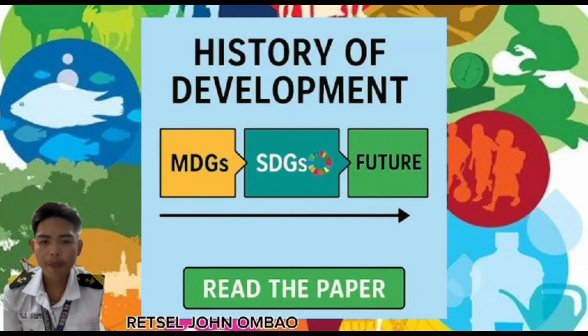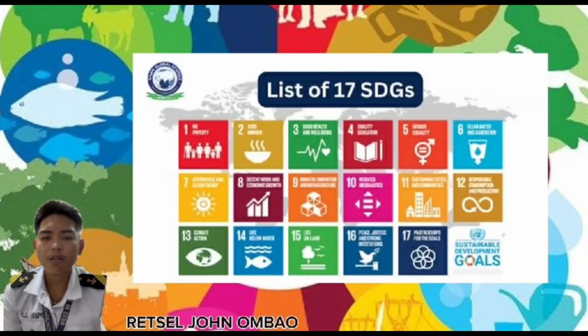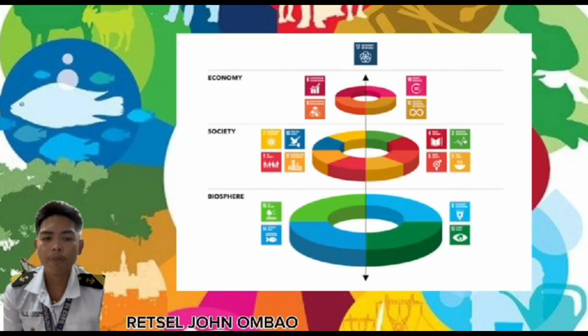While the MDGs mainly focused on reducing extreme poverty, the SDGs introduce a broader and more inclusive agenda. This new framework addresses today's major global challenges, including climate change, equality, health, environmental protection, and sustainable economic growth.